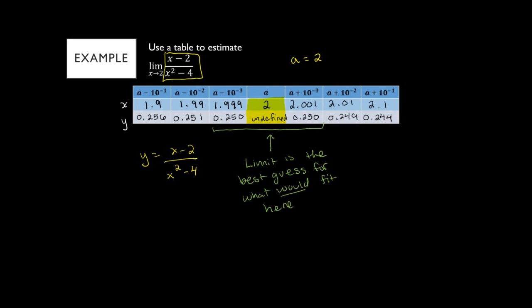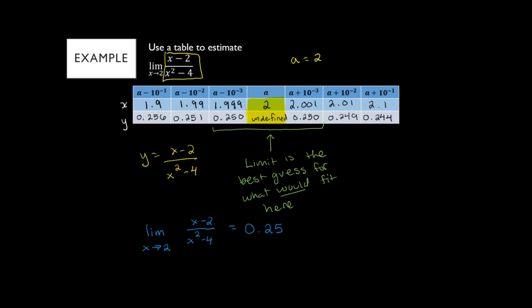And then once you determine what that number is, you need to write your answer. I see a lot of people actually forget to write their answer after they fill in the table. So the correct way to write your answer would be the limit as x goes to 2 of x minus 2 over x squared minus 4 equals, and then the number that should be in that gap if you follow the pattern.